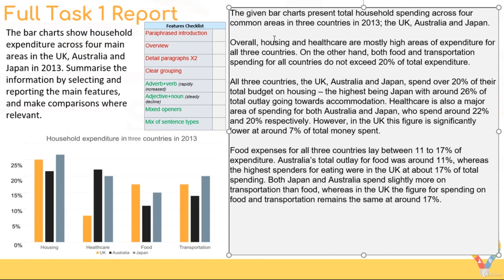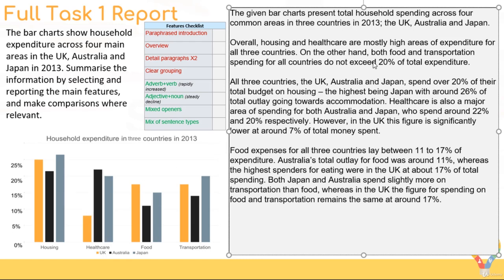Let's take a read through the whole report. The given bar charts present total household spending across 4 common areas in 3 countries in 2013: the UK, Australia and Japan. Overall, housing and healthcare are mostly high areas of expenditure for all 3 countries.